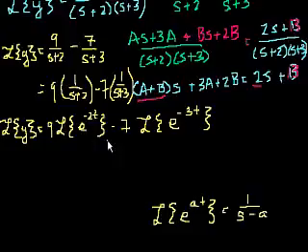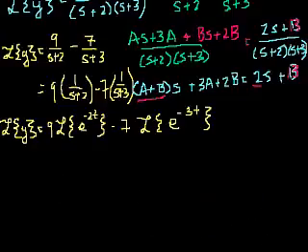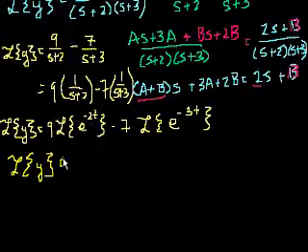Actually, before we do that, we know that the Laplace transform is a linear operator. So we can write this. You normally wouldn't go through all of these steps. I just really want to make you understand what we're doing.